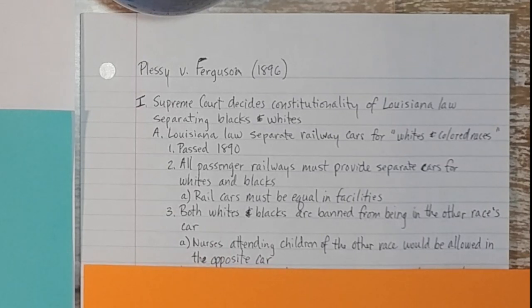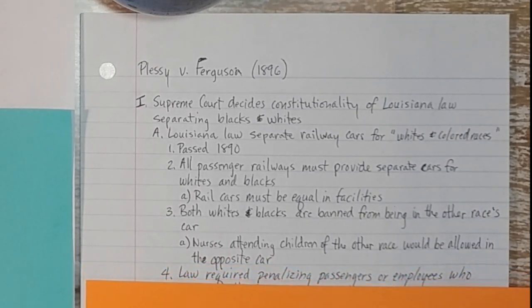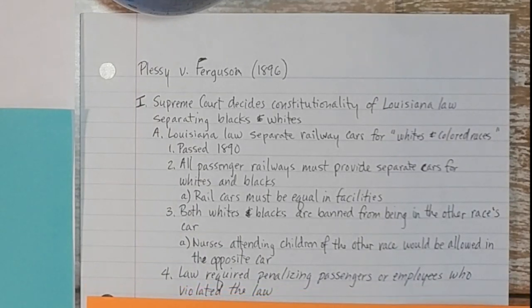I wonder what race they were making an accommodation for on that. And then 4, the last part, the law required penalizing passengers or employees who violated the law. So even if you're an employee that you saw this was egregious and ridiculous, you could be fired if you did not force the person to leave that car.